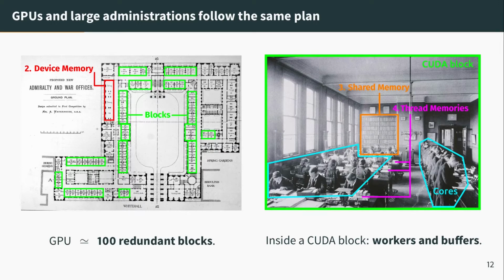So one shared memory that allows different workers to exchange information, and then a register, so a very small sheet of paper that allows each worker to store intermediate computations during the computation of an exponential or whatever, thread memories.